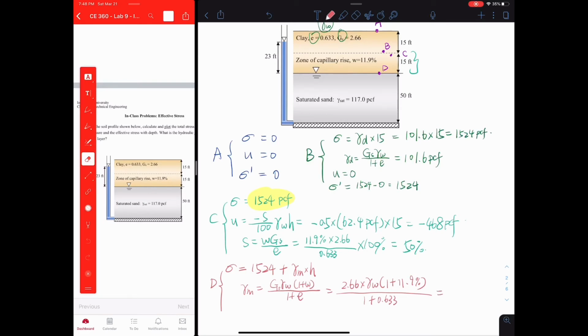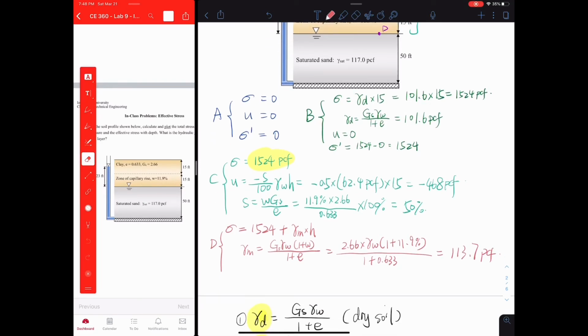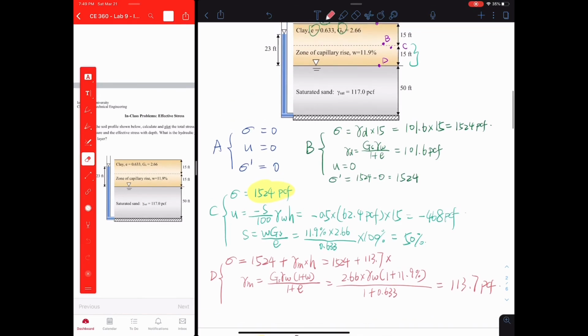The final answer we calculated is 113.7. With this moist unit weight, we can calculate the total stress: 1524 plus 113.7 times H, which is this second layer, 15, and the final answer turns out to be 3230.